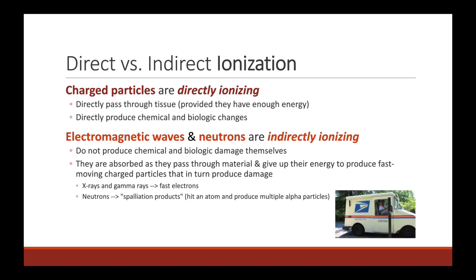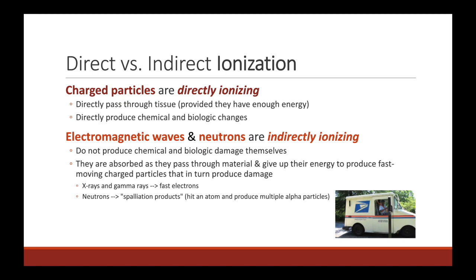So the dog analogy that I described earlier, it really applies to X-rays and gamma rays, which are photons, right, on the electromagnetic spectrum. They interact with the atoms inside of our tissue, and they produce fast electrons.